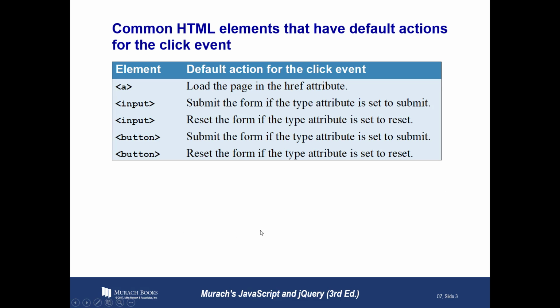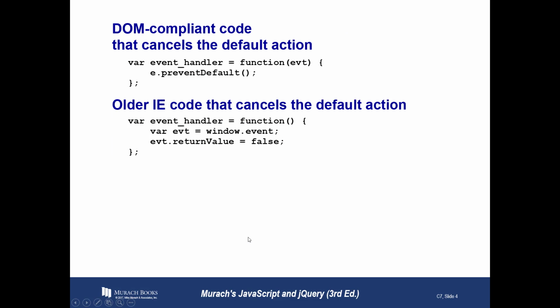All right. So here are some examples of different elements, input elements, anchor tag elements, button elements, that will all have default actions when you click on them. Now, this is the way that we're typically going to do this. If we put code like this with a hyperlink, the e.preventDefault would say if we click the hyperlink, cancel the default action, which typically would send it to another site.